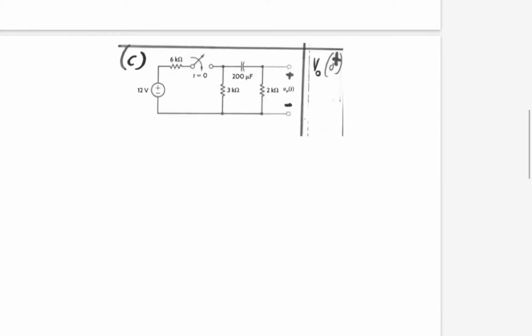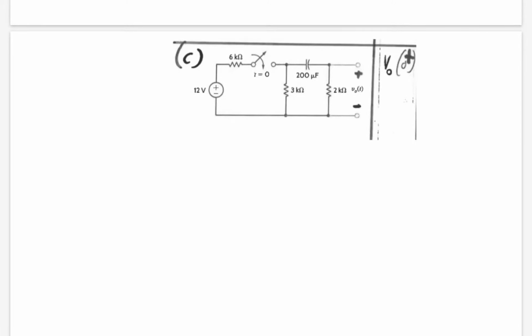Alrighty, so this one here, it's asking us to find the voltage after we've made changes to the switch. So just like the last one, the capacitor is going to become open here. This switch is going to be closed there, and so let's redraw this circuit.